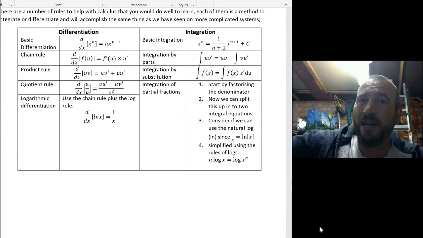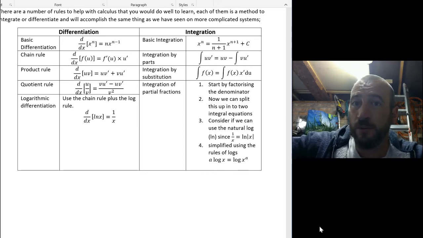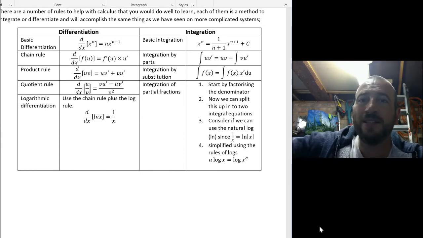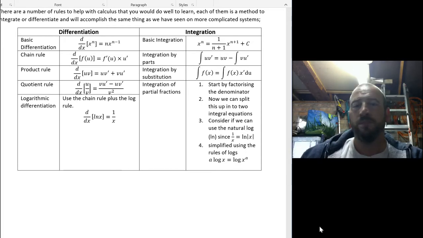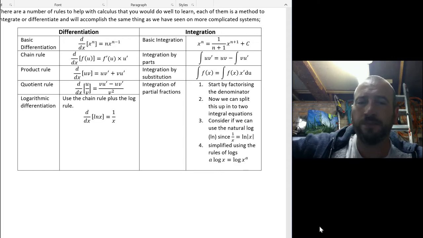Now obviously functions get a lot more complex than an x, so we have some extra rules to help us out. We've got the chain rule, the product rule, the quotient rule, and then we have logarithmic differentiation. And for integration, we have integration by parts, integration by substitution, and integration of partial fractions.